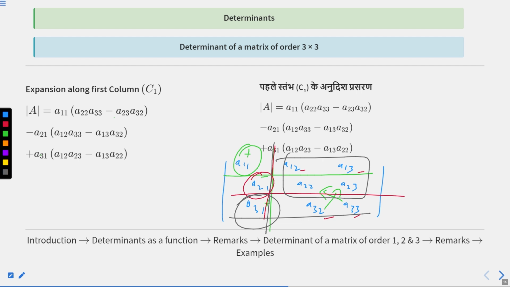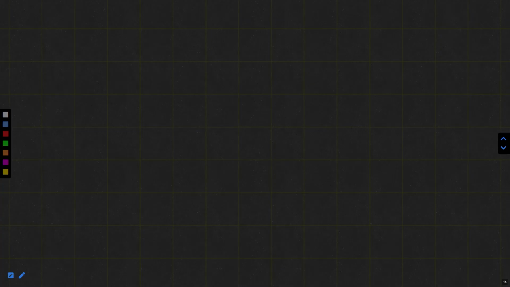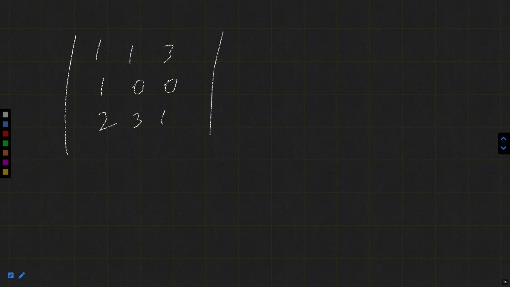Now why does any book teach you these different ways of finding determinants? Suppose you have this matrix, say 1, 3, or this. If you find it along the first row, then you have to do this sort of thing, and then evaluate.